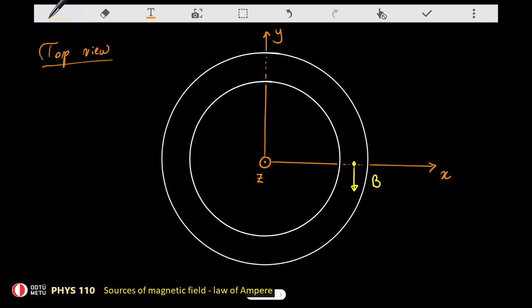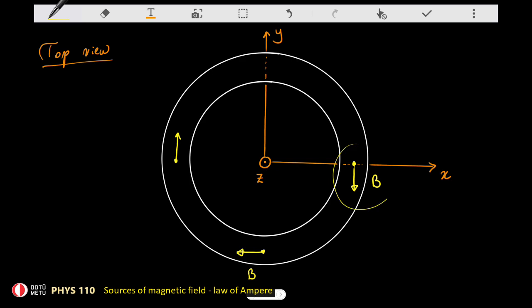So as a result, rotational symmetry implies that when I rotate this picture, let's say by 90 degrees, this point is converted into that point and the vector is converted into that vector. So the magnetic field in here should have a strength B, but it has a different direction, and so on.